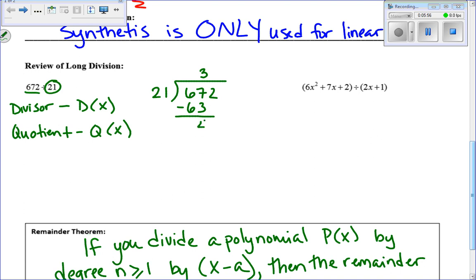We get 4, bring down the 2. 21 now goes into 42 2 times. So 32 would be our quotient. 21 is our divisor, 32 is our quotient. We can take 21 times 32, and that equals 672.